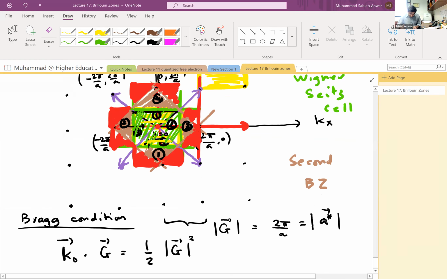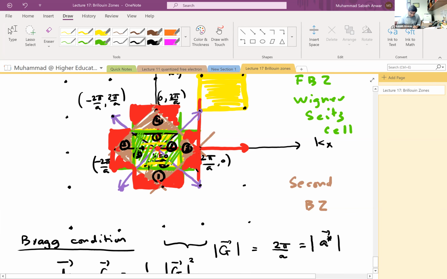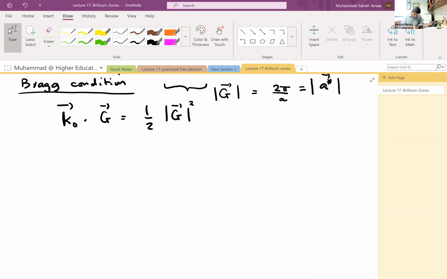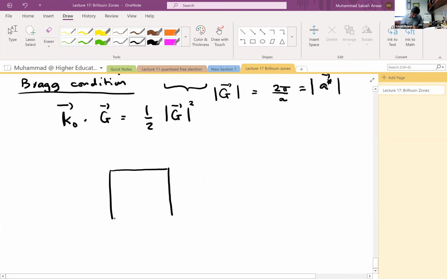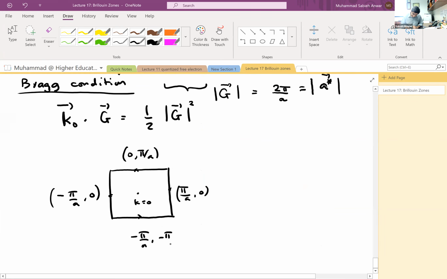This means that if I am standing at the, so let me redraw this figure, it's become too cluttered now. This is the first Brillouin zone, the square lattice, k equals 0. Here I have the point pi over a, 0. Here I have 0, pi over a. Here I have minus pi over a, 0. And here I have the point minus pi over a, minus pi over a.